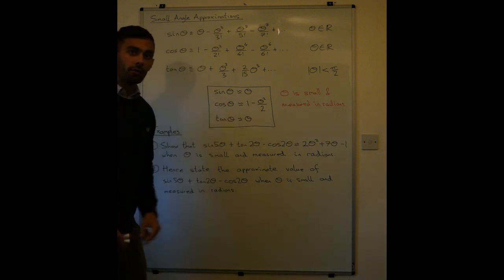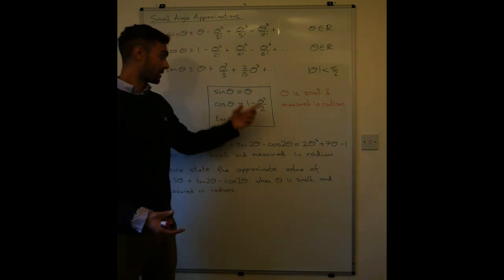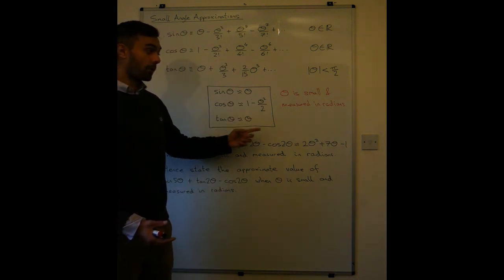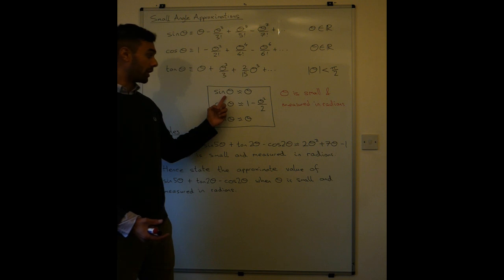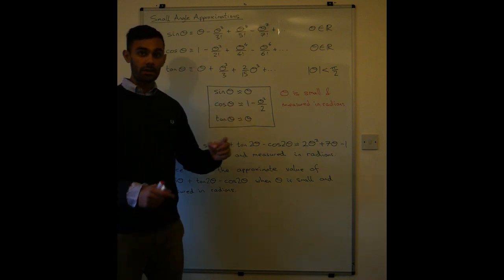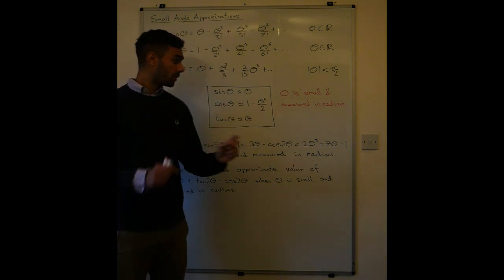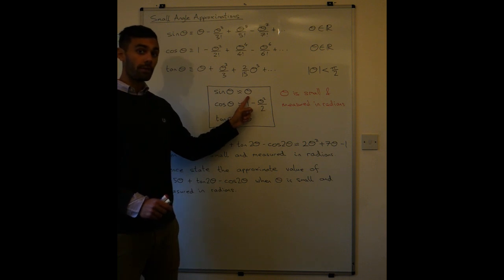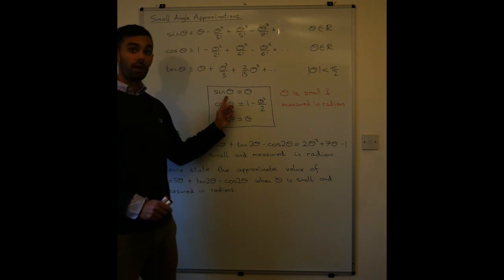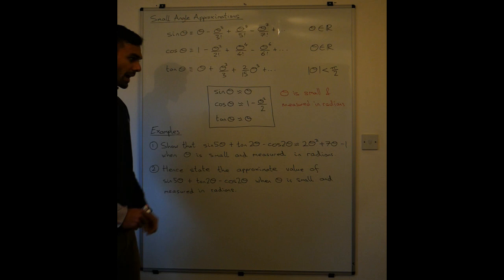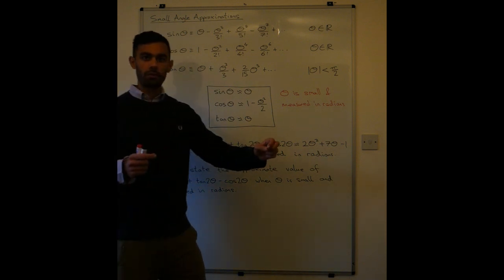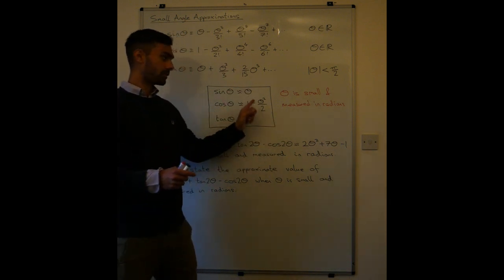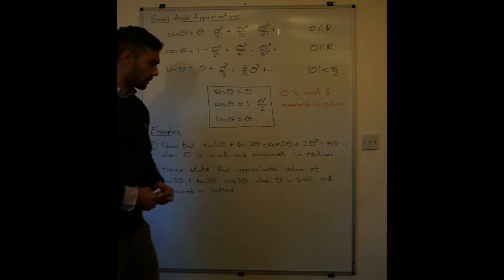So that's where they're coming from. There's another great way to see where these approximations come from, and that's by sketching the graphs of the left and the right. You can see that when theta is very small, the behaviour of the curve on the right is the same as the behaviour on the left. And then as you move away from 0, you get your sine wave, and the approximation's awful.